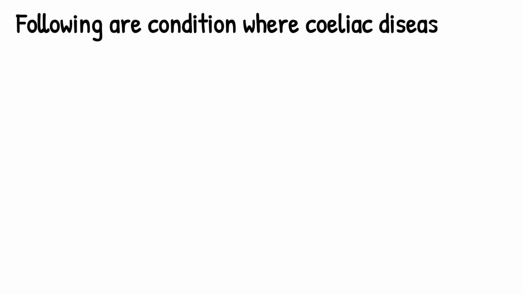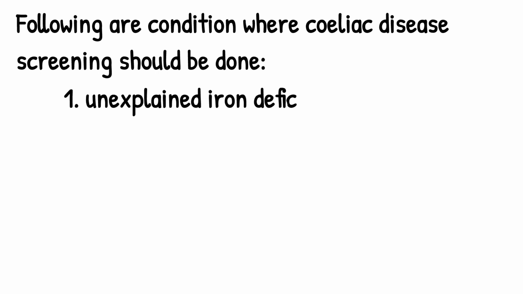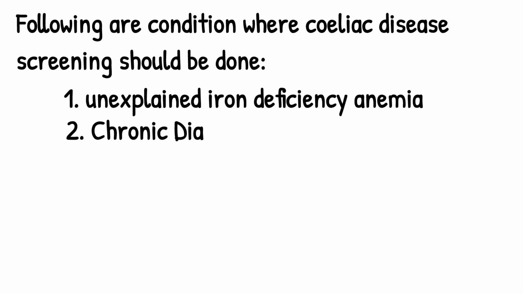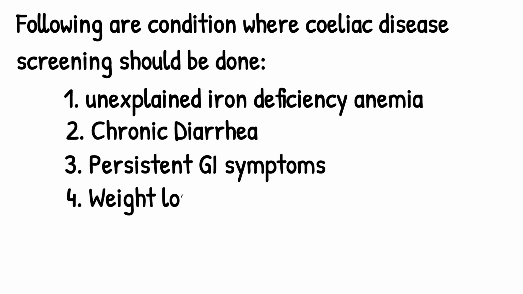Okay, so now the following conditions where celiac disease screening should be done: if the patient is having unexplained iron deficiency anemia, that patient should be screened for celiac disease. Chronic diarrhea, the patient should get the screening. Persistent GI symptoms like nausea, vomiting should be screened.